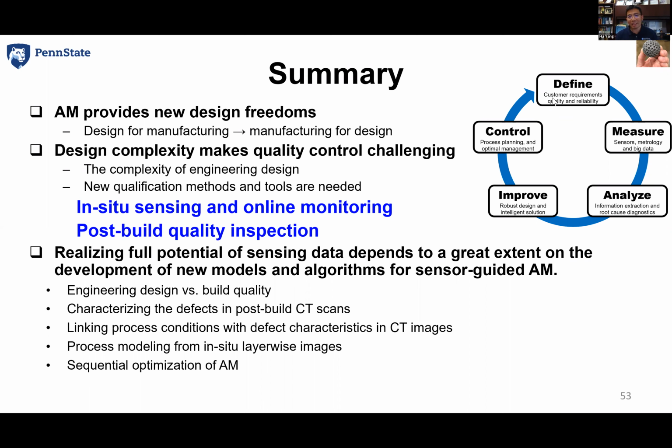I think there is a lot to be done. This presentation is just my 2 cents, my preliminary study in this area. I think many QCRE engineers and colleagues have excellent ideas, and they can really contribute to this field if they are interested in additive manufacturing.